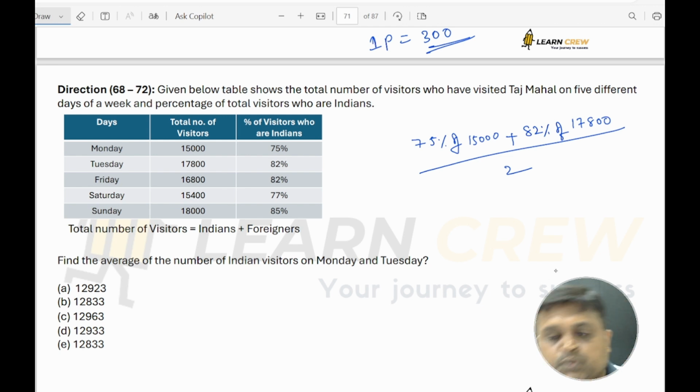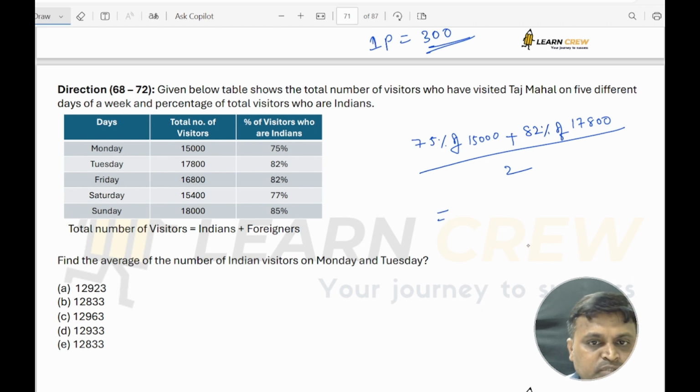So how much are you going to get? What are the options you have? 12,923, 12,833. Please solve this.